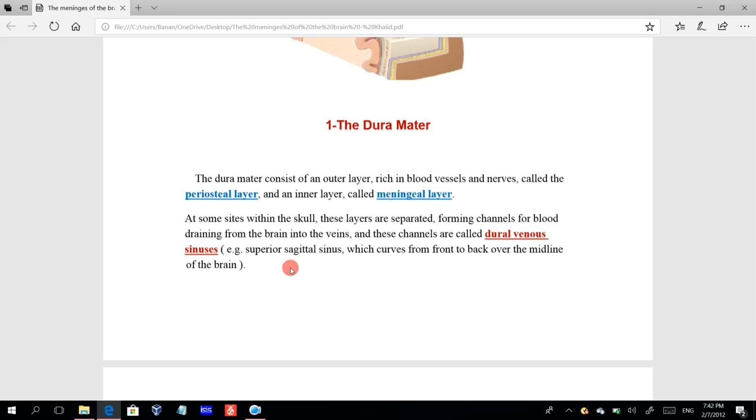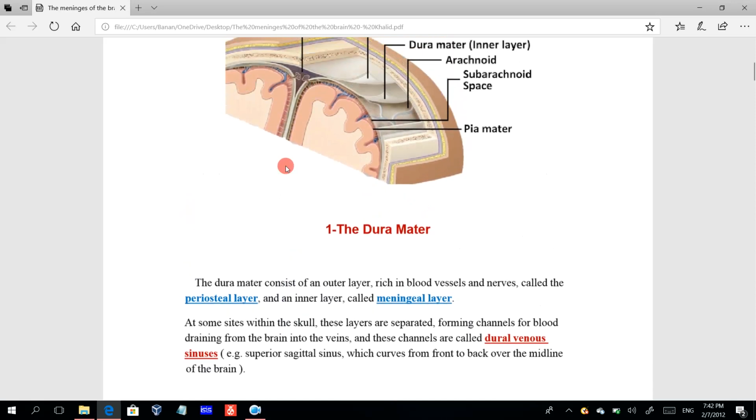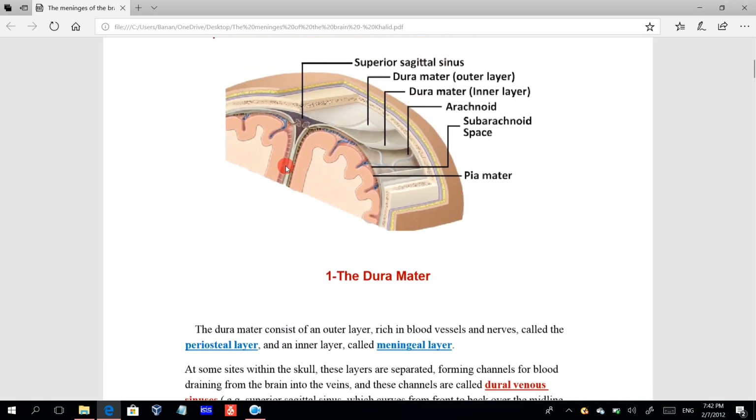When they separate, they form the dural venous sinuses, as you see in this picture. So this is the dura mater, with the two layers fused together, but here in the upper part of the cranial cavity, in the midline, the periosteal layer and the meningeal layer are separated, forming this sinus.